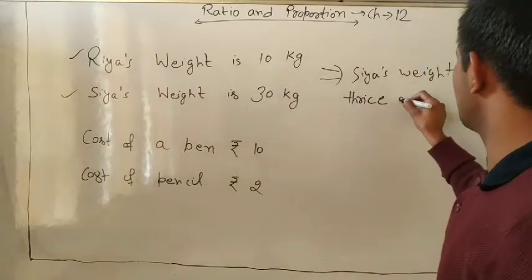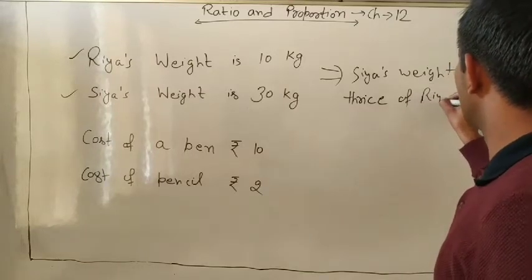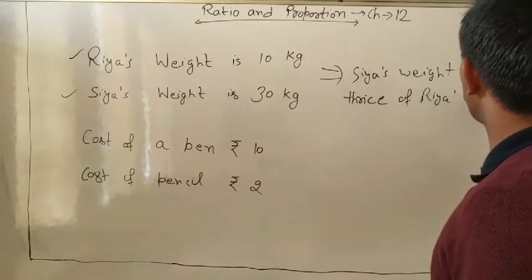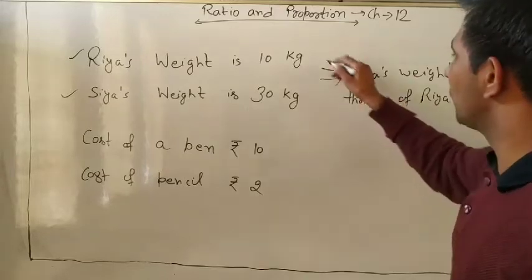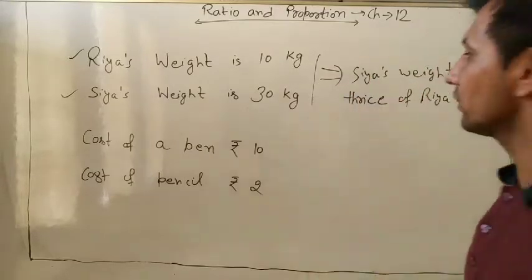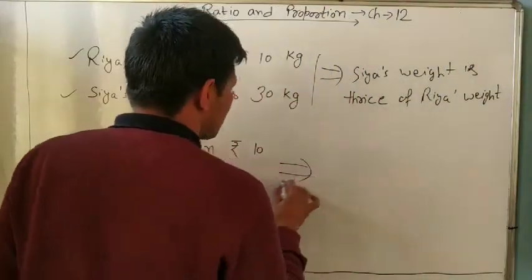Thrice means 3 times. Thrice of Ria's weight. Understand or not? Same as it is. How can you compare?